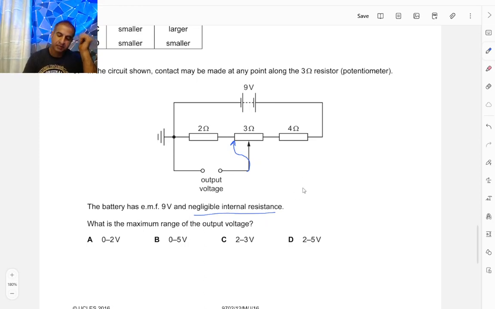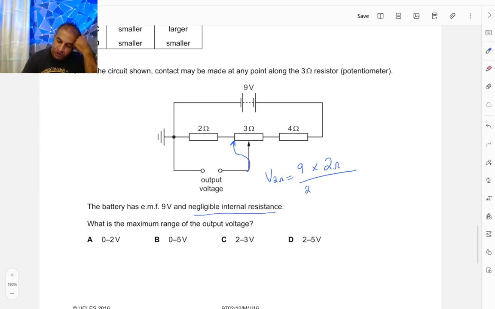So that is going to be 9 volts. Okay. So V across 2 ohms should be equal to 9 multiplied by the target resistance, which is 2 ohms, divided by the combination of all the resistance in series.